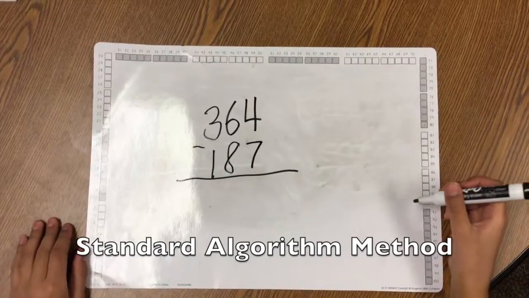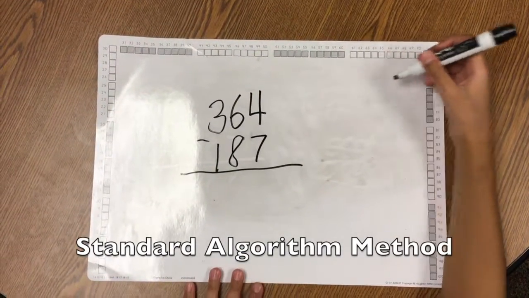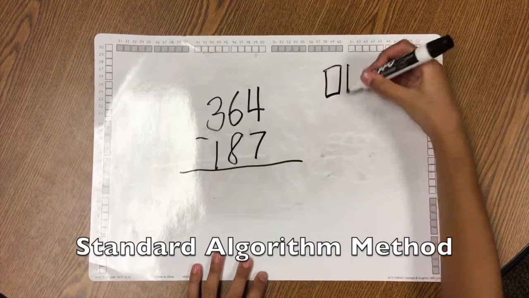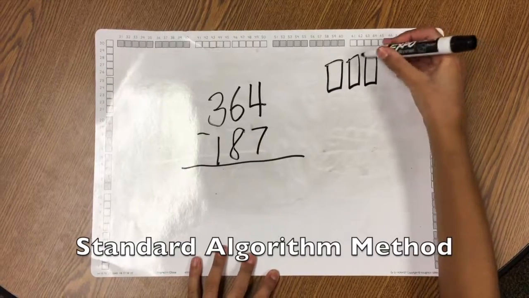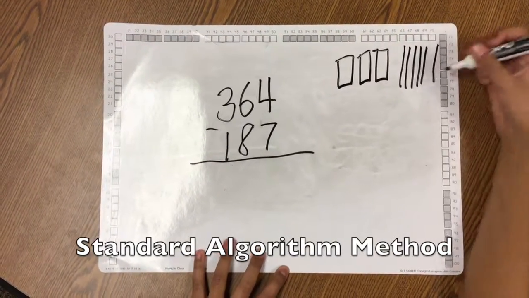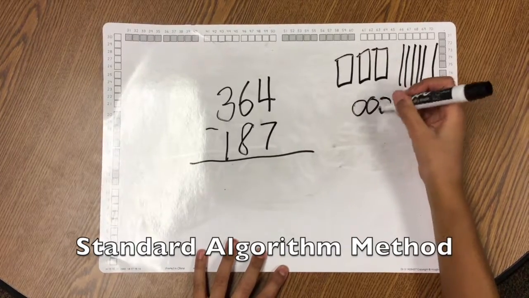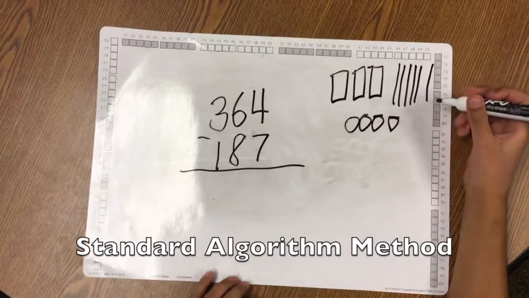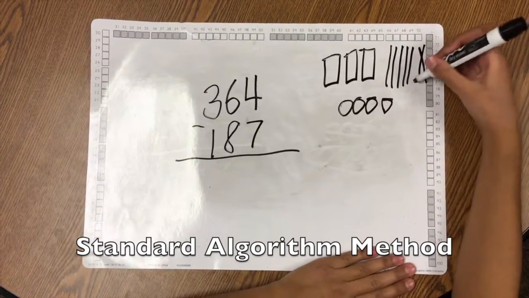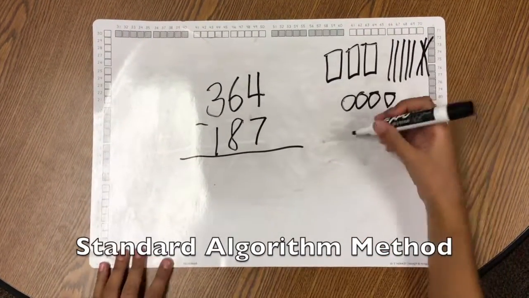Can you show the standard algorithm for subtraction, otherwise known as the U.S. customary method? Sure, I'll draw my proof drawing. Now, since I don't have enough ones, I'm gonna take from the tens or ungroup.